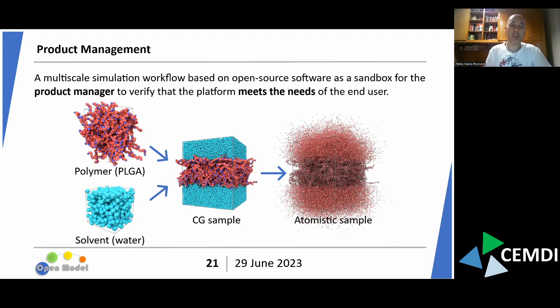So water and PLGA polymer to create a water permeable membrane, and this is a truly multi-scale simulation where we first assemble and equilibrate the system at the coarse grain level, and finally perform the atomistic simulation and study the diffusivity of water in this membrane.